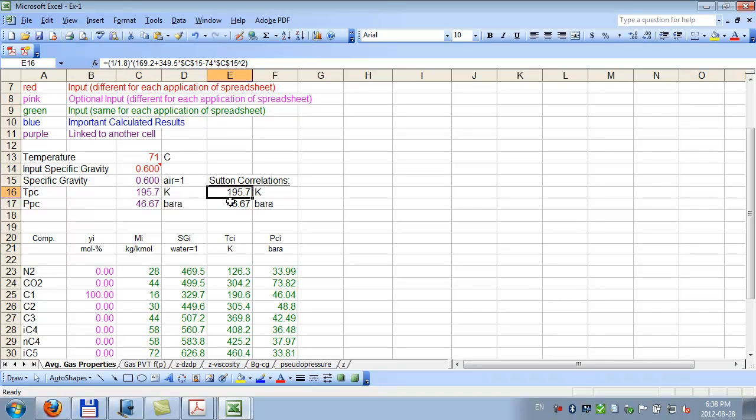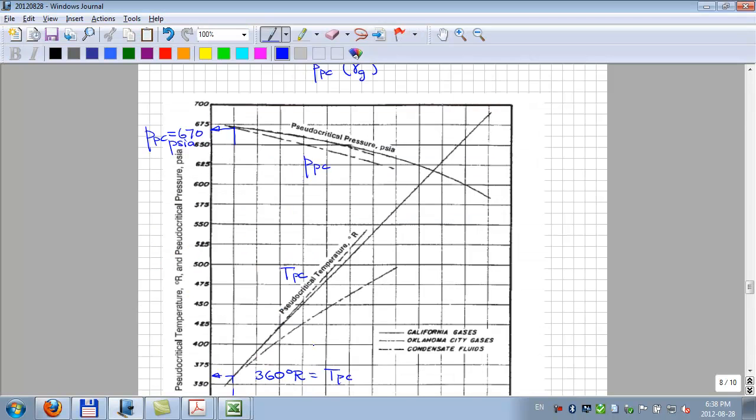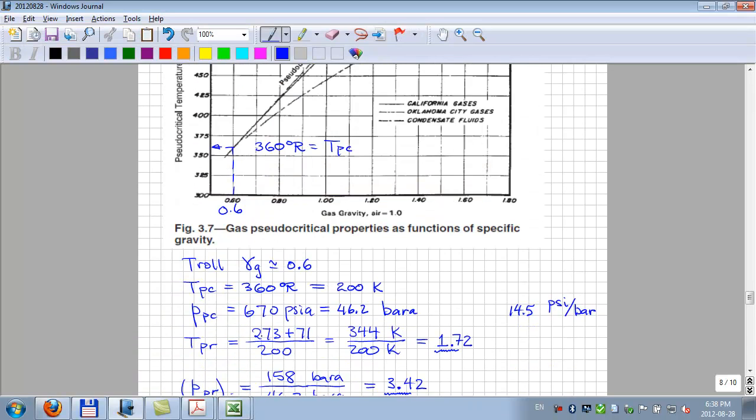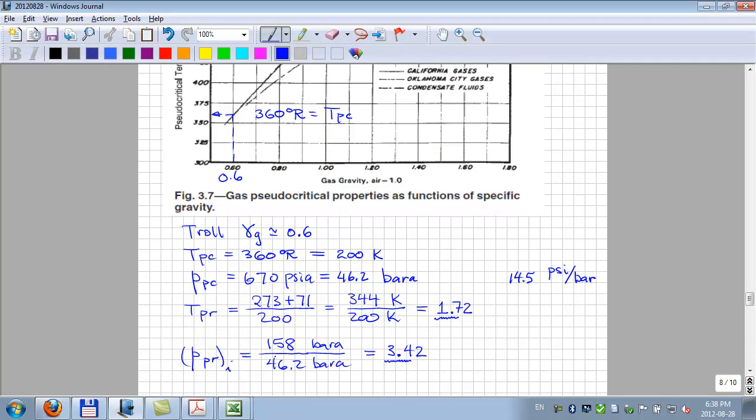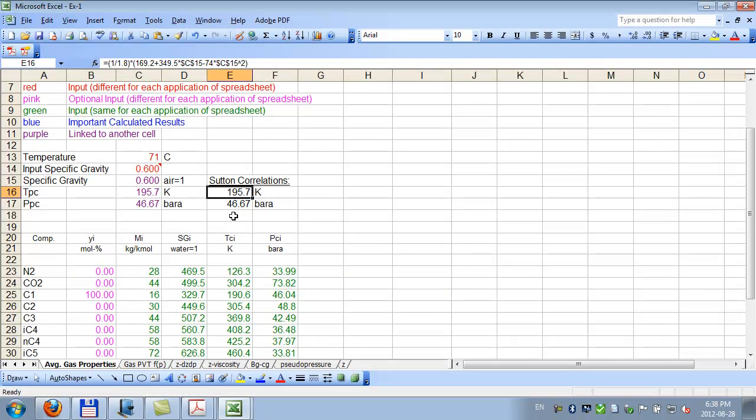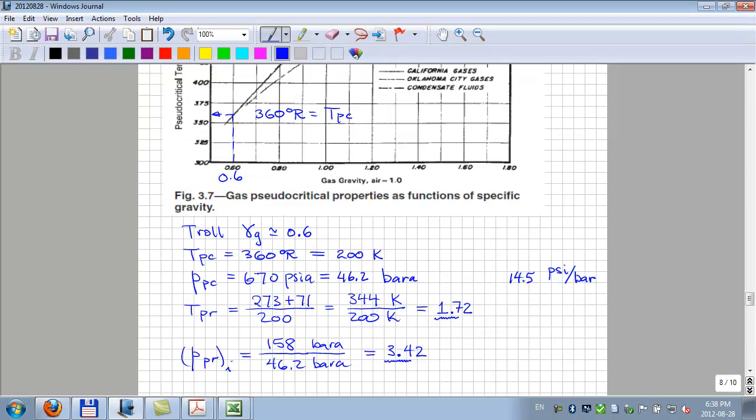And he's getting 196 Kelvin. We got 200, right? That's not too far off. It's about 2% different, right? It's 4 Kelvin divided by 200. And he gets 46.7, and we got 46.2, which is about a 1% difference. Not too bad.